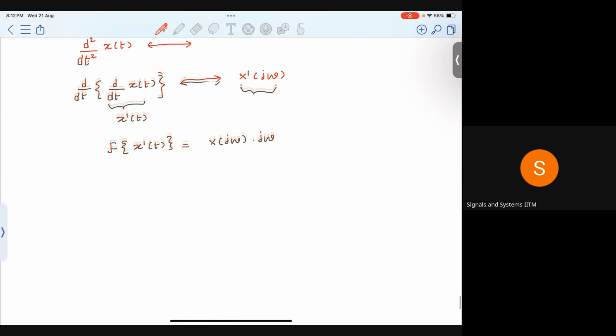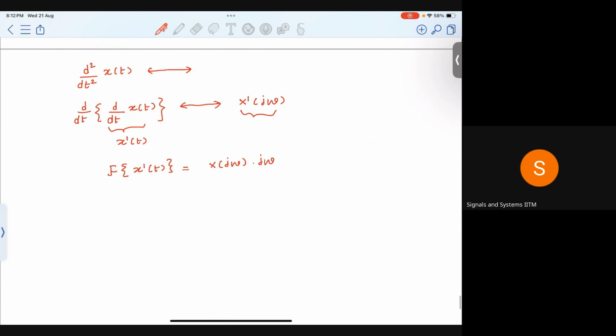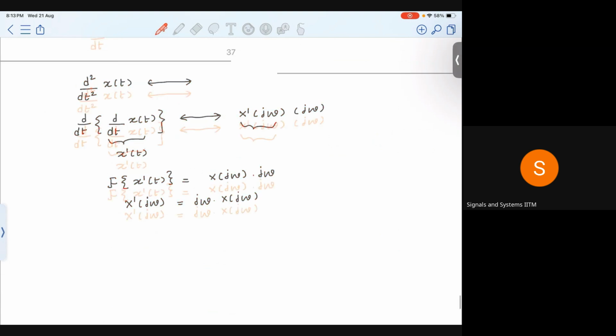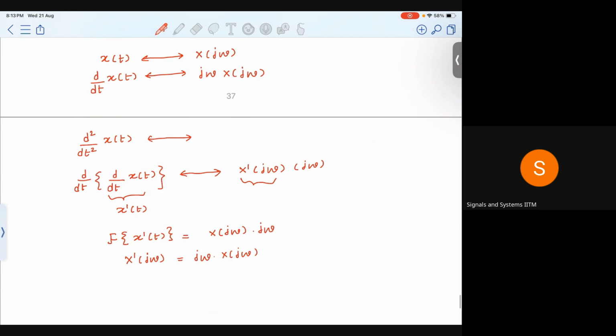So this is j omega times x prime of j omega, where x prime of j omega is j omega times x of j omega. So for this, the Fourier representation is j omega whole square x of j omega. Correct?